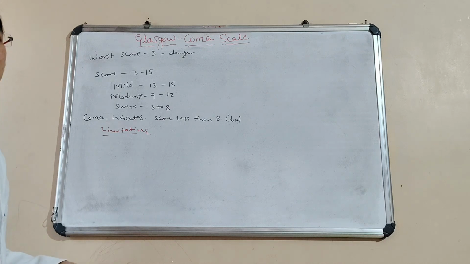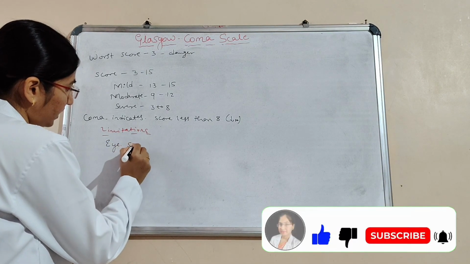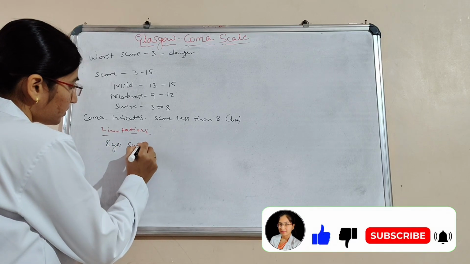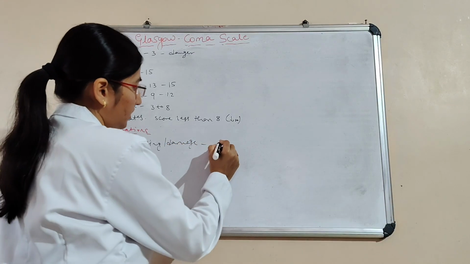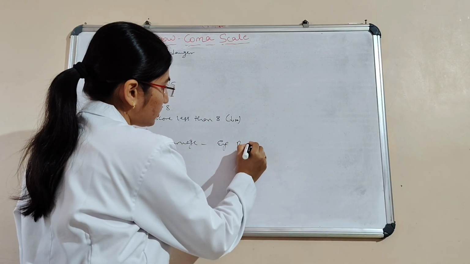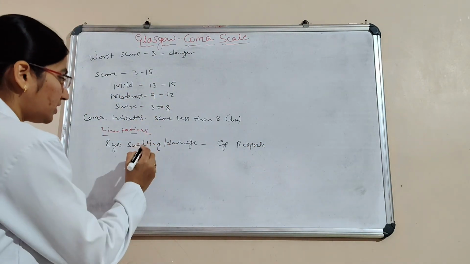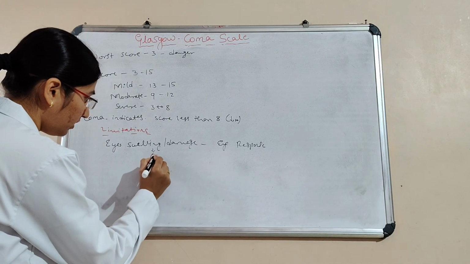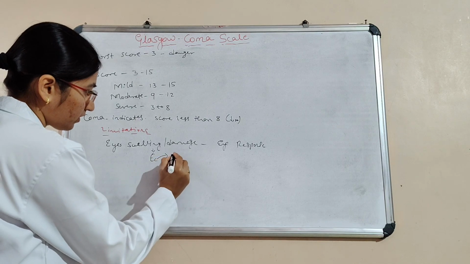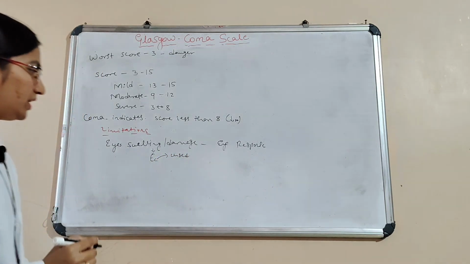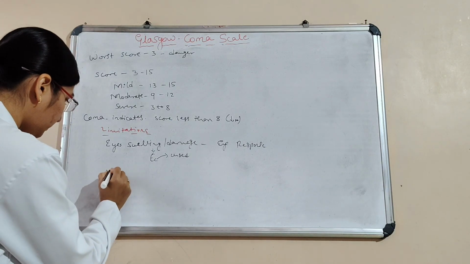Limitations. First one is the eye response. Here eye damage, eye swelling or damage if it takes place, it affects the eye response. Eye swelling and damage is indicated with C, that is eye closed. And then next, verbal: intubation.